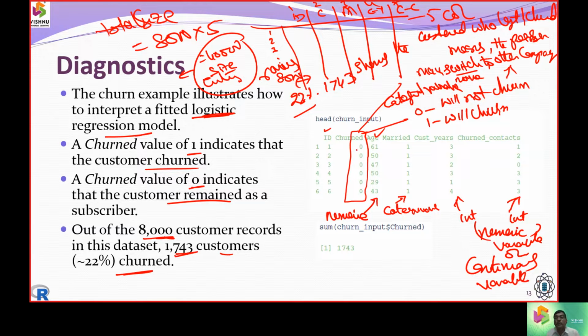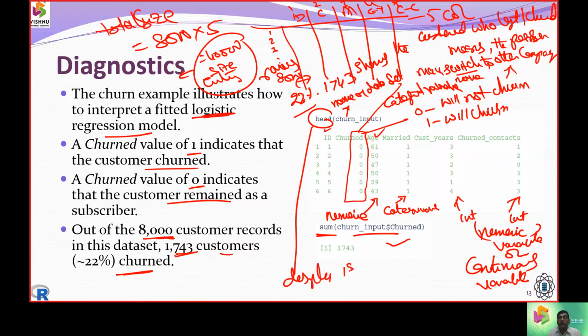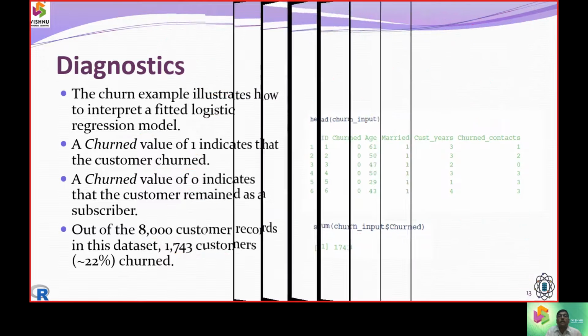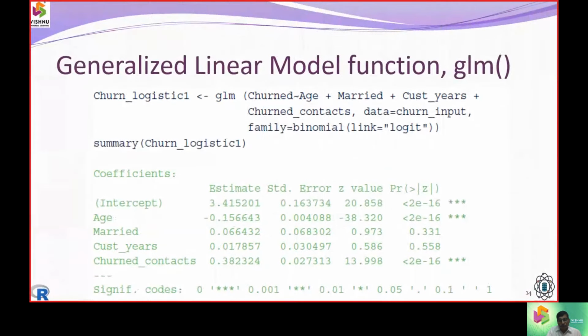Now what we are going to do is work on this data. So this is the name of the data set. Head displays the first 6 rows or records. So head is going to display the first 6 rows or records. That is what we take up as an input here. Fine.